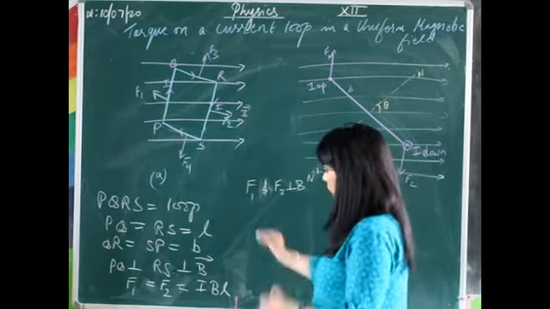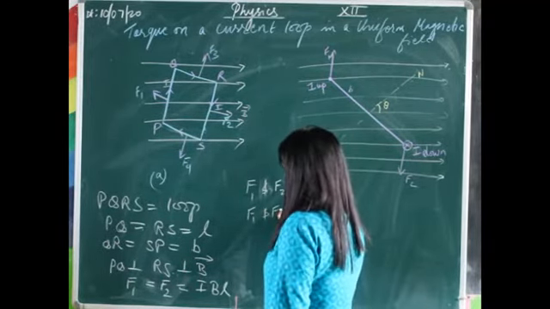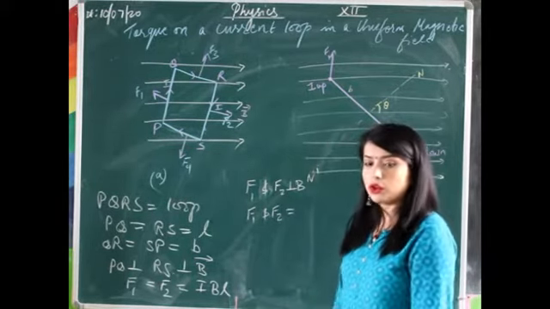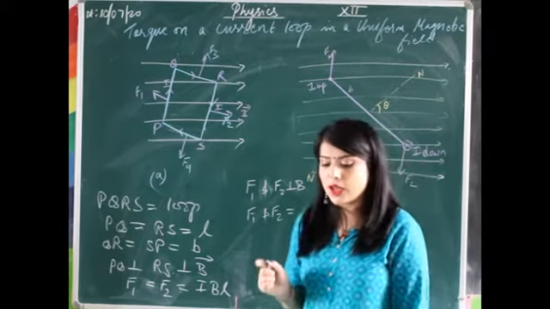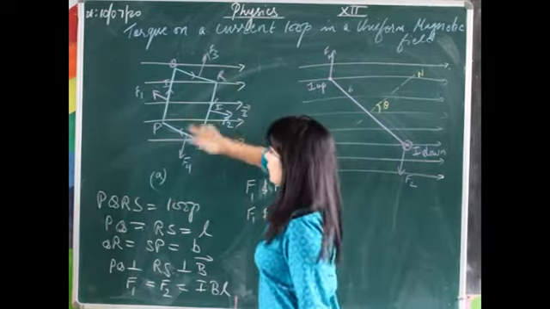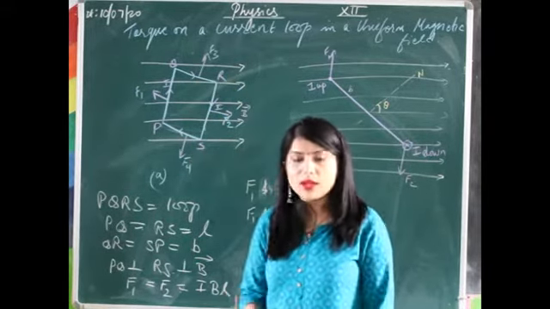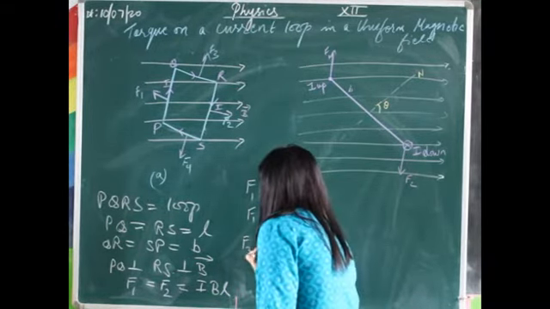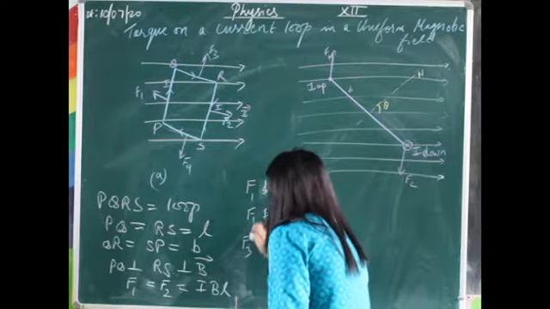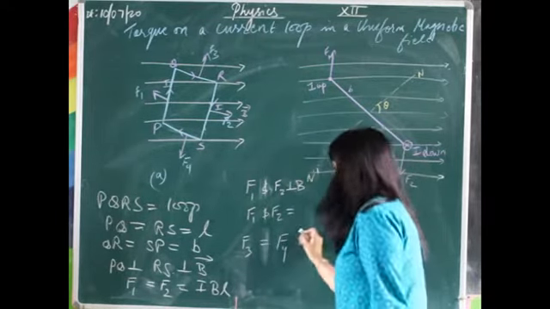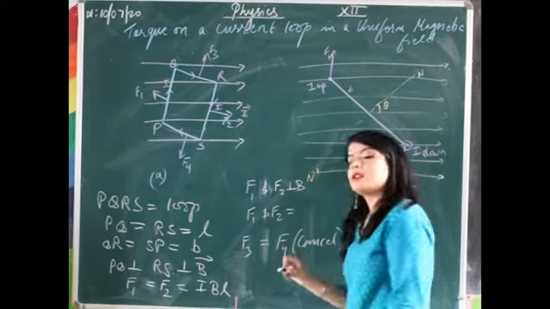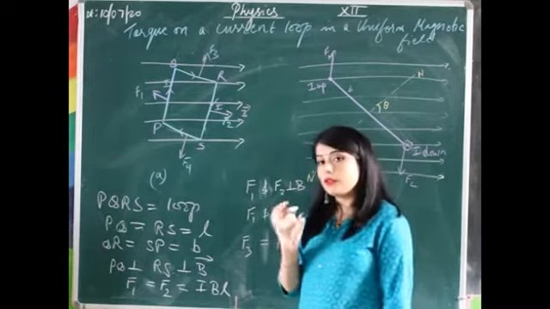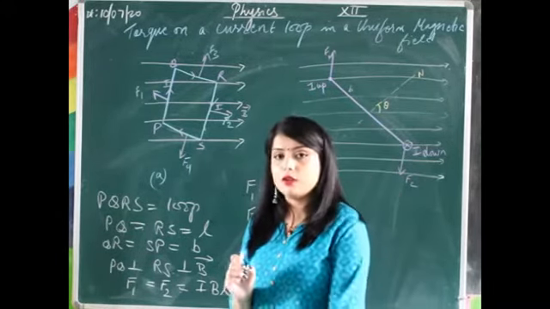So over here, F1 and F2 have got different lines of action of force, whereas F3 and F4 are equal and opposite and have the same line of action. So F3 and F4 will get cancelled because they have the same line of action, whereas F1 and F2 have different lines of action, so they won't get cancelled. First thing to be remembered.